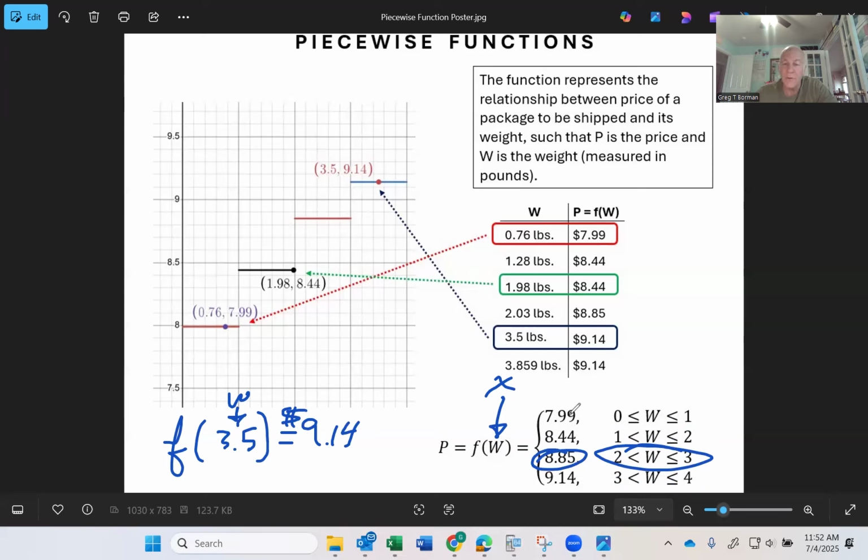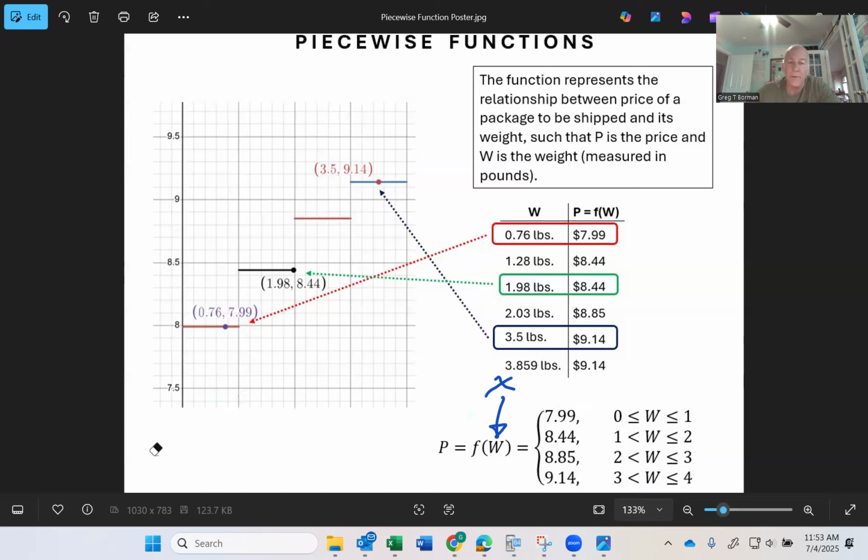Now, it's not always just a number here. In the homework, it's usually going to be something with a variable, like 2w minus 1 and w squared or whatever. That is kind of how this thing works.